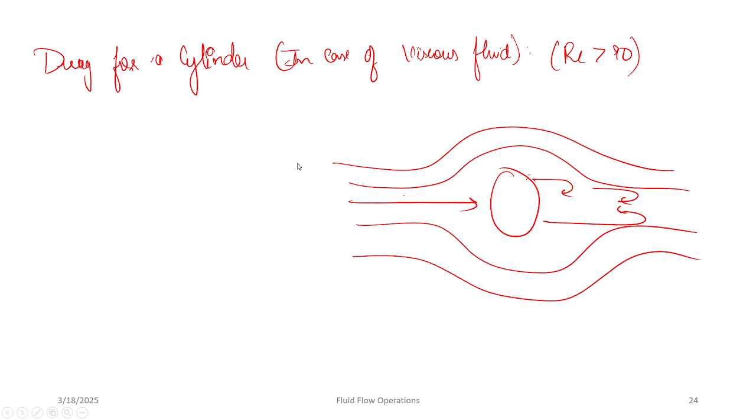And if you go from 100 to 10 power 5, let's see how it changes. Obviously, the more eddies that are formed, the drag will also increase on the cylinder, right?